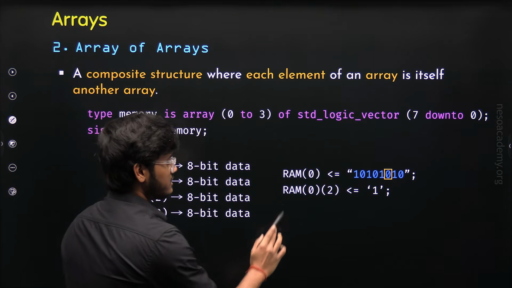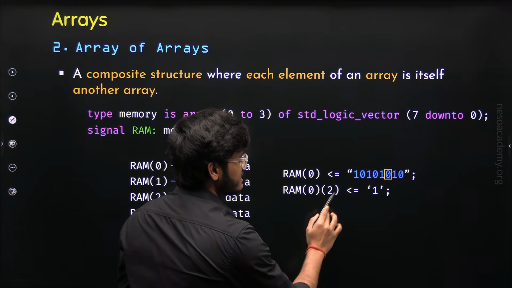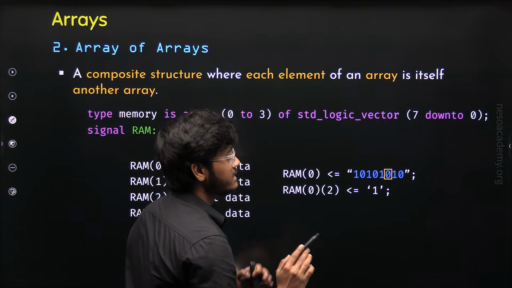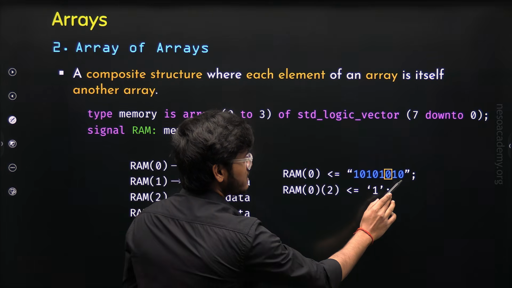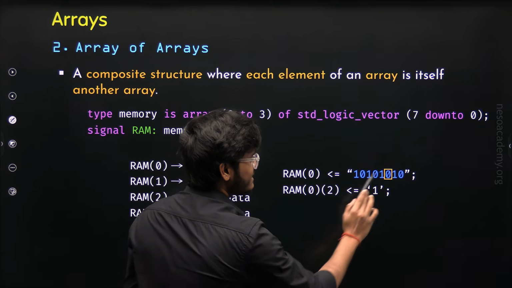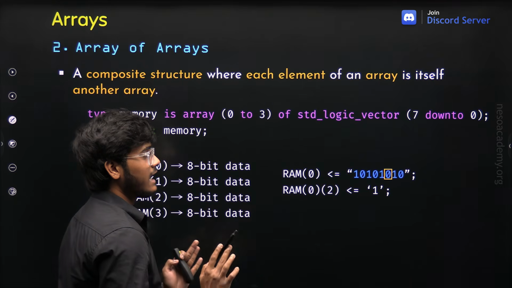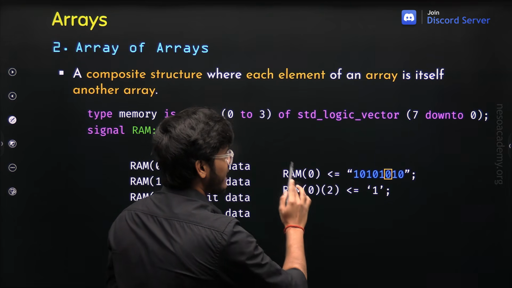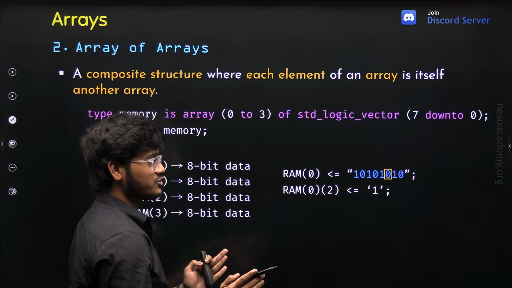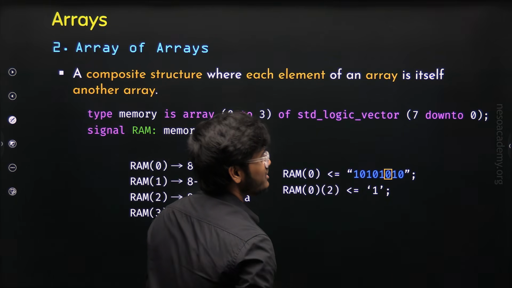So I will write RAM0 to access this sequence, and inside the parentheses I will write the index number or the bit number, which is 0th, first and second. So I will write 2, which means I am accessing the second bit of the sequence of RAM0. And I am assigning a logic 1 at this position.